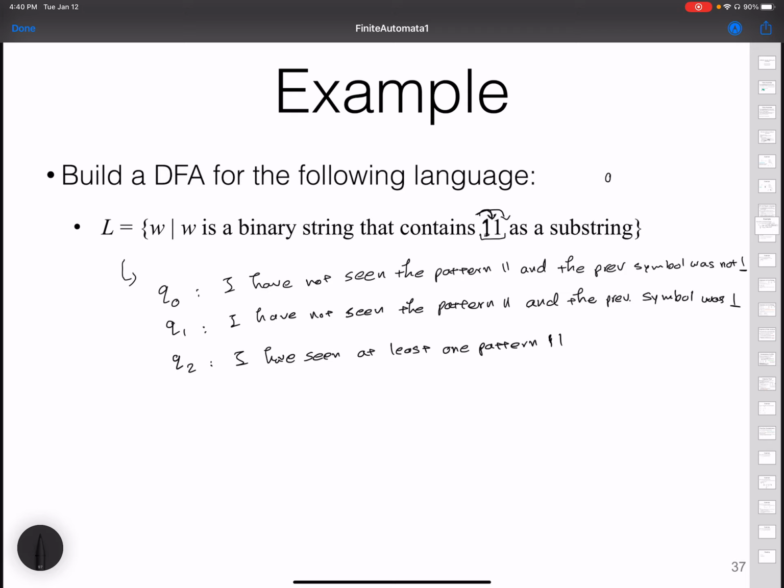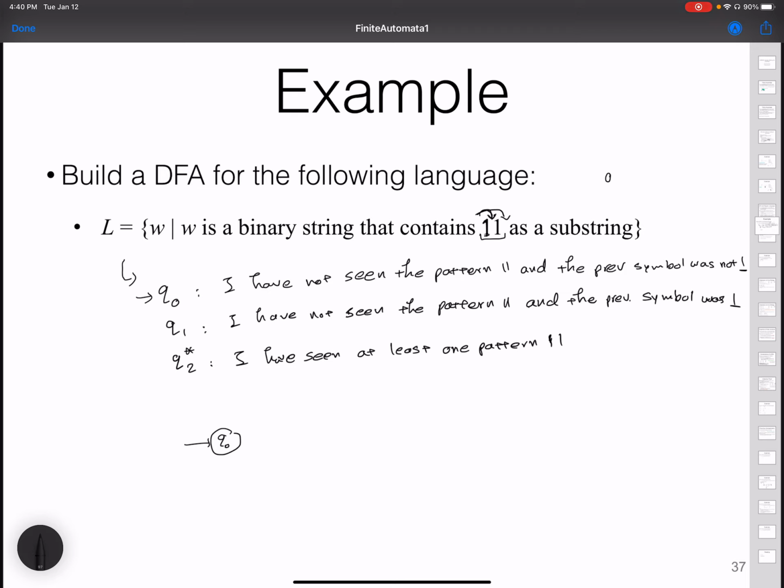So it is clear here that this one is going to be the starting state and this one is going to be the accepting state. All right, so in this case, this is going to be Q0, the starting state. You haven't seen the pattern 1, 1. I'm going to write down the state diagram and add the transitions.